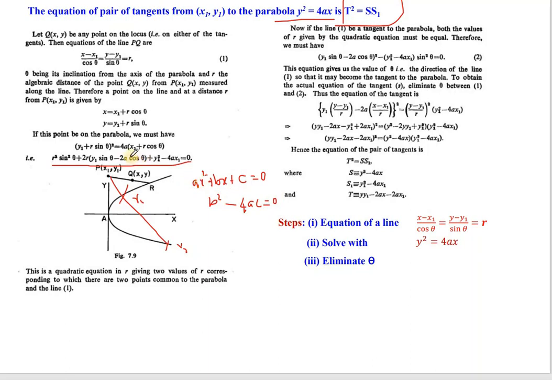So we compare this and see what b, a and c are and substitute. So here you have 2, and this 4a you have. So you have 4 and another 4 here. They will get cancelled, giving you only this.